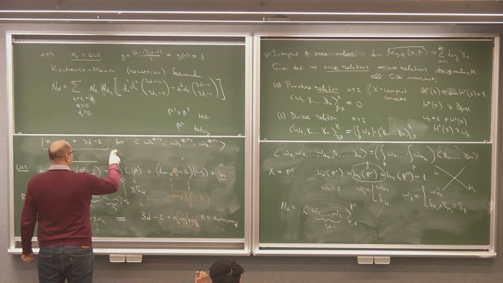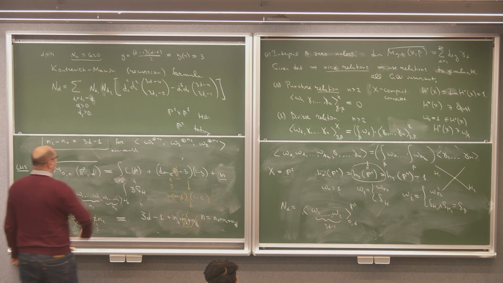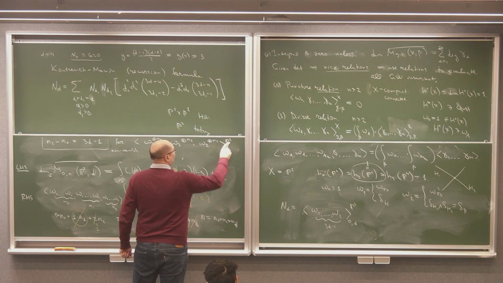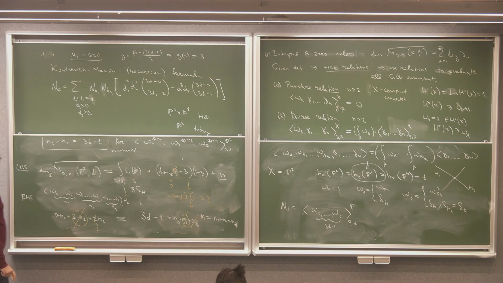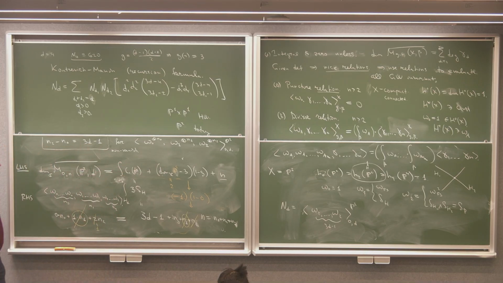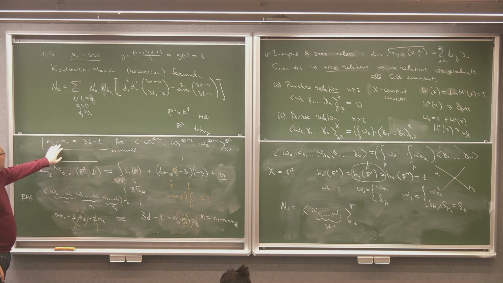So that is the necessary condition for this thing to be non-vanishing. Generally, we can have an arbitrary number of omega 1 insertions, but the numbers of omega 0 and omega 2 insertions should satisfy this condition.